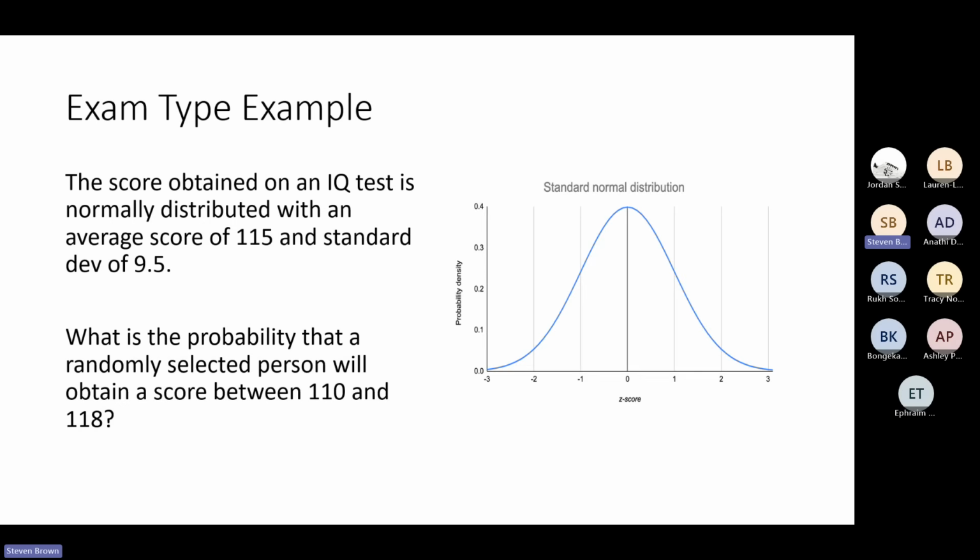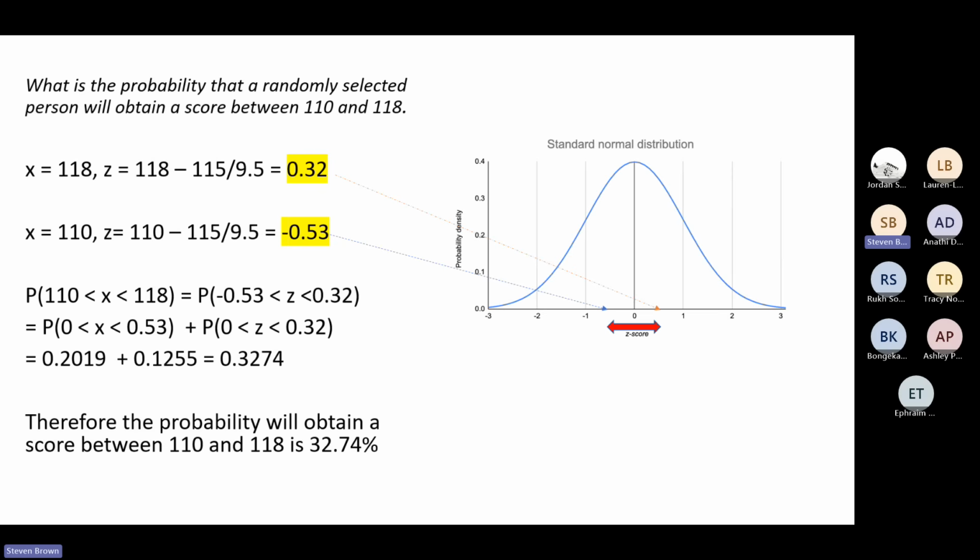So if they give you a question that says a selected person will obtain a score between 110 and 118, 110 is on one side of the mean's 115, hey? And the 118 is on the other side. So if you have two numbers, one on each side of the mean, class, you add those probabilities. Okay, this is very important, because if you get them round the wrong way, or you start subtracting it or stuff, you can get the wrong answer.